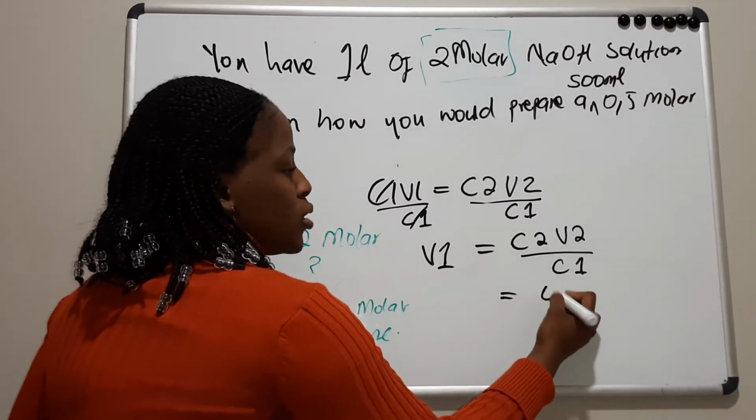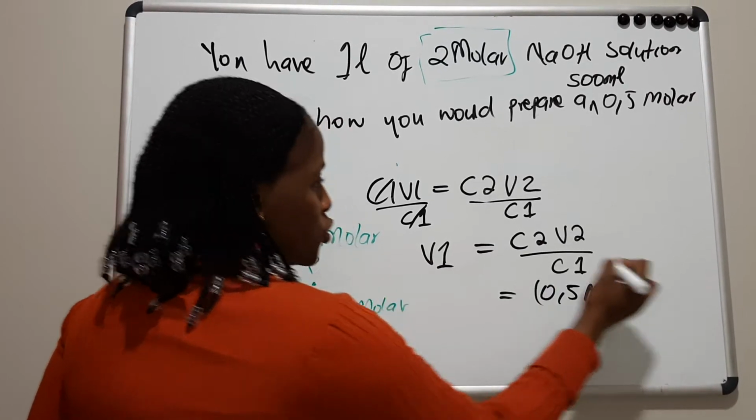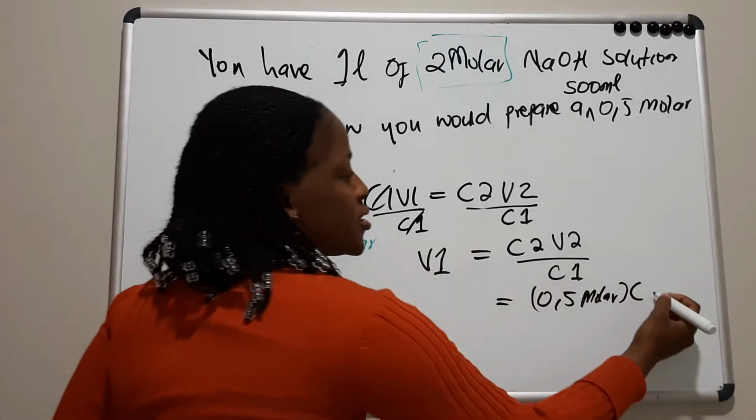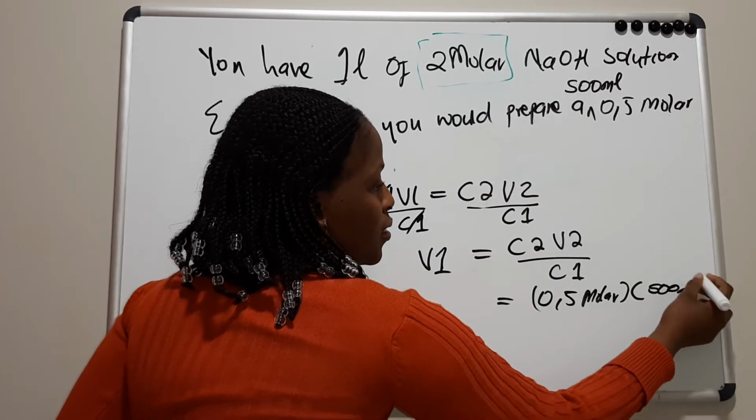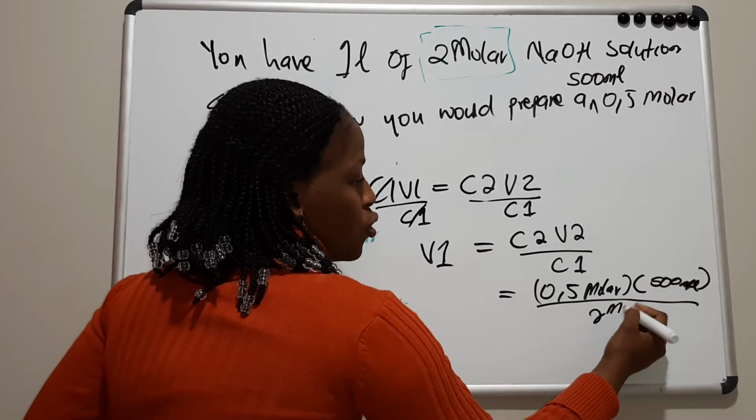So C2 is 0.5 molar, which is going to be multiplied by V2, which is 500 mils, divided by C1, which is 2 molar.